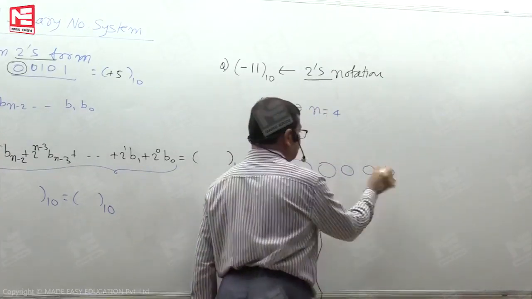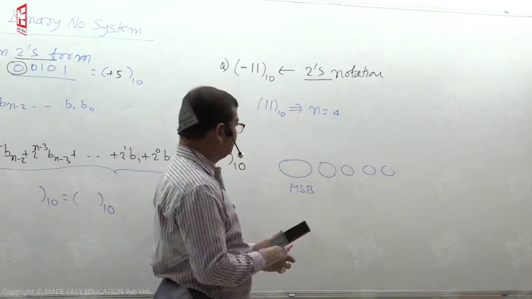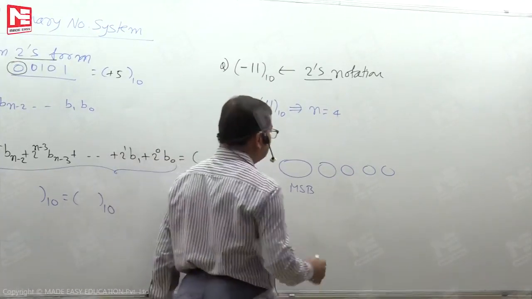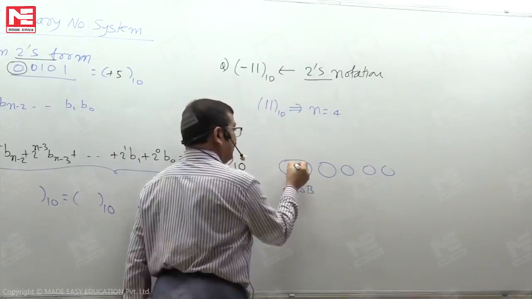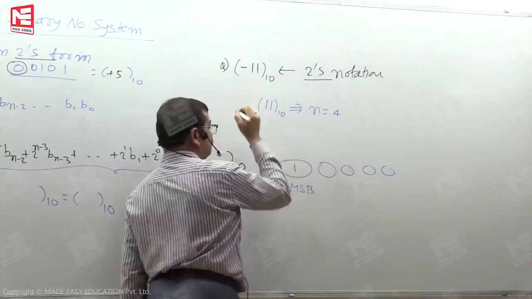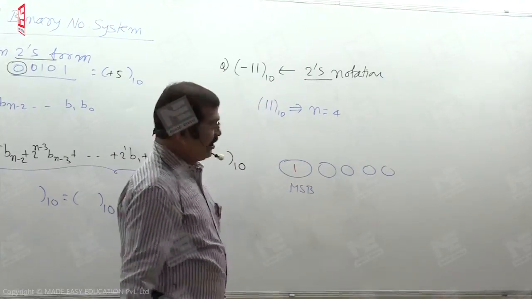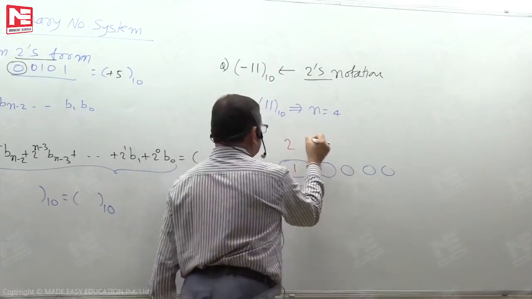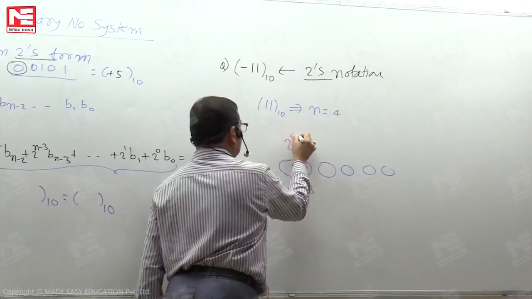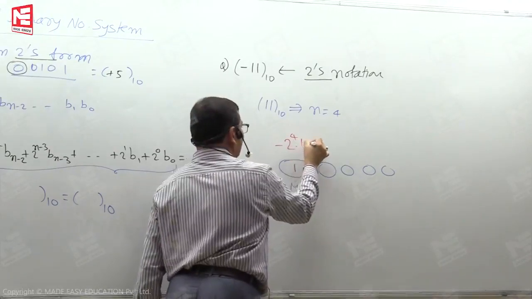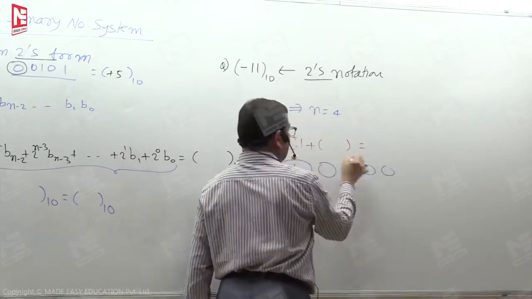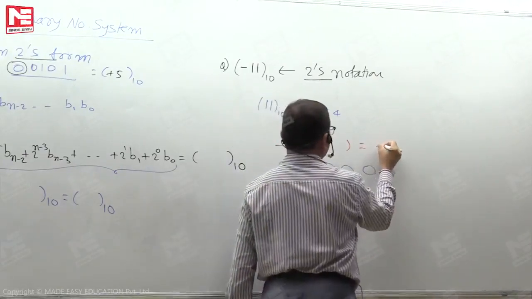The MSB bit we read as 1 because the number is negative. Because of the 4 bits on the right side, the MSB weight is minus 2 to the power of 4 into 1, plus the remaining bits value, which must produce minus 11.